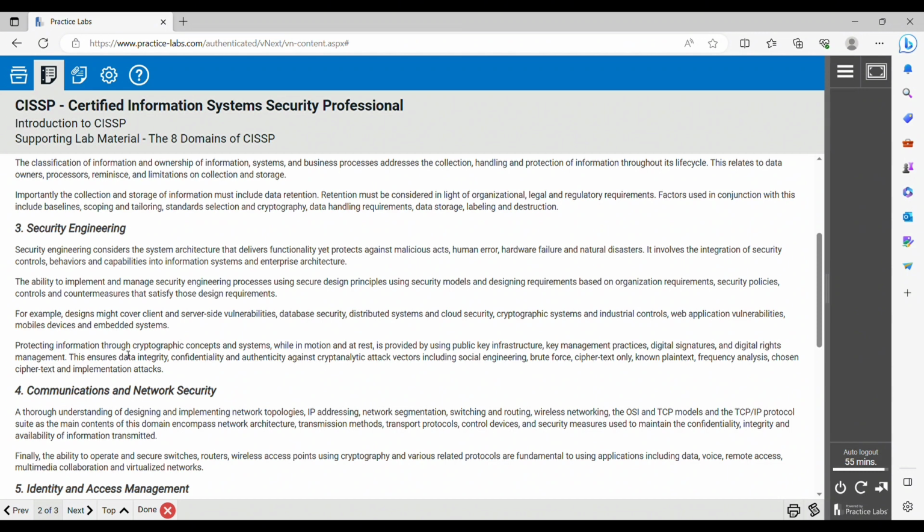Protecting information through cryptographic concepts and systems while in motion and at rest is provided by using public key infrastructure, key management practices, digital signatures, and digital rights management.